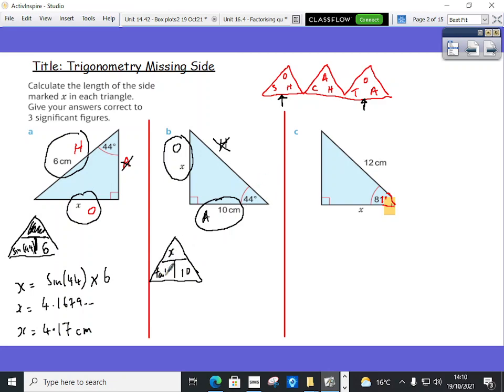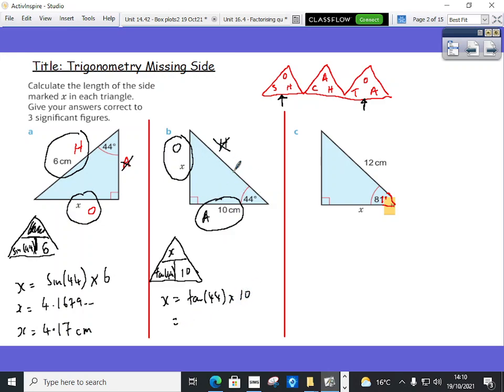The tan is going to be open bracket, 44 degrees, close bracket. So if I cover up the X, that's tan 44 multiplied by 10. And then the rest is up to the calculator.